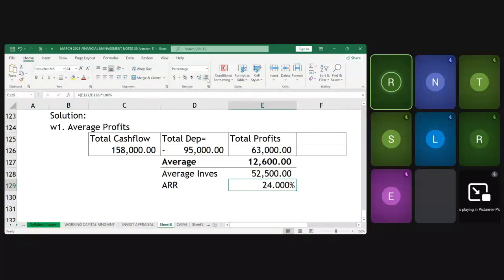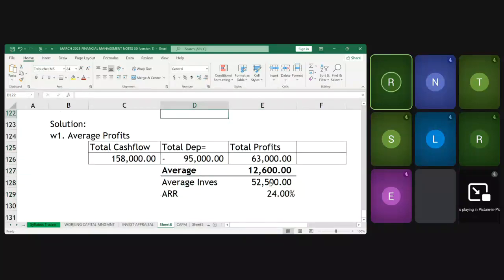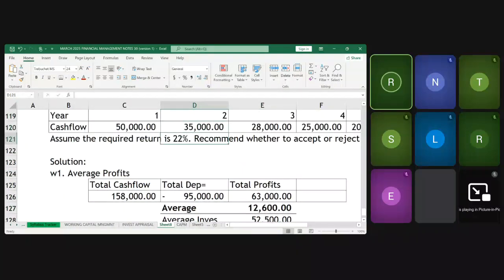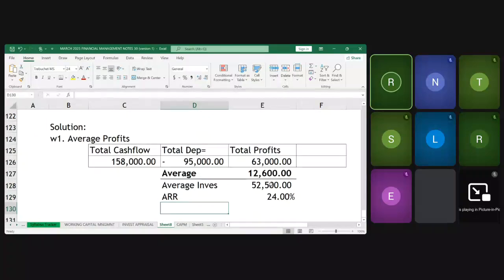So can someone recommend, should we accept this investment or reject? Assuming management requires a return of 22% and we have assessed and got 24%, should we accept the project or reject? Anyone? Any contribution?